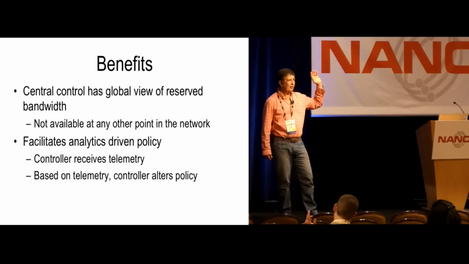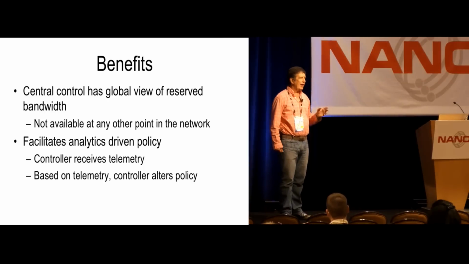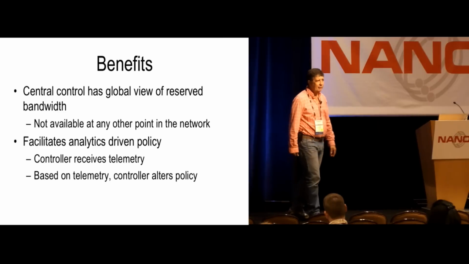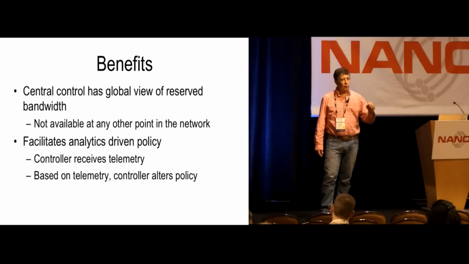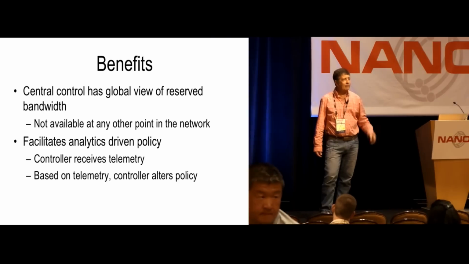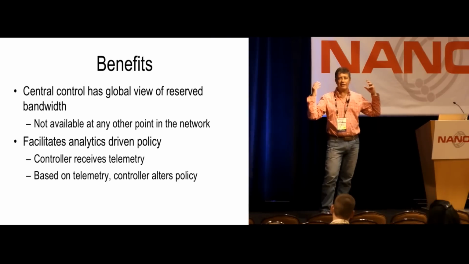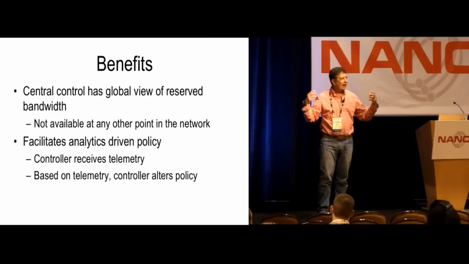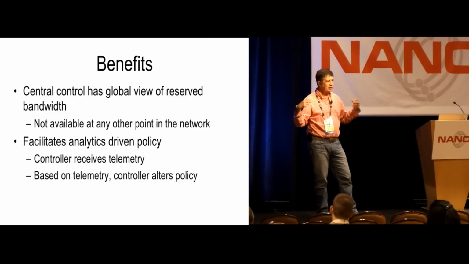How many are using RSVP to reserve bandwidth? Okay, when you do that, what's going on is RSVP sends this path message downstream, and when an intermediate router gets this, it reserves the bandwidth and advertises that reservation into the IGP. So everybody in their link state database knows how much bandwidth has been reserved on each node.